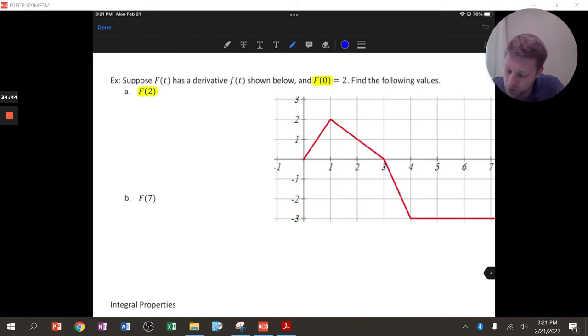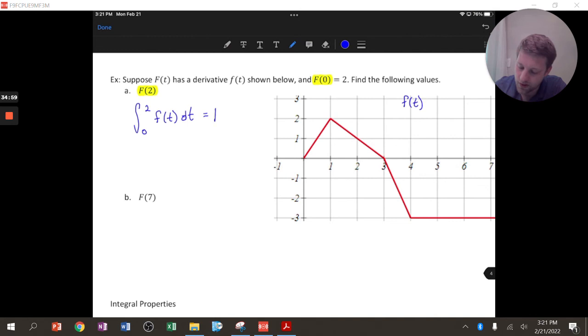We note that the integral from 0 to 2 of the little f of t function, which is shown below, this is our little f of t function, dt is defined by, well, it's the antiderivative at 2 subtract the antiderivative at 0.